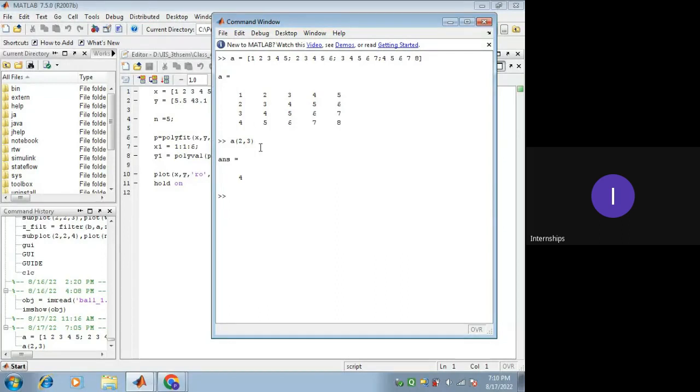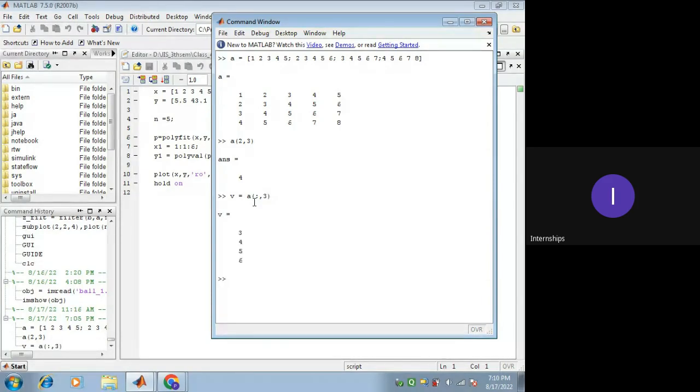This is the referencing process. And if we want to select this column, we will mention, say, V is equal to A(:,3). This is the third column. It's the referencing process.